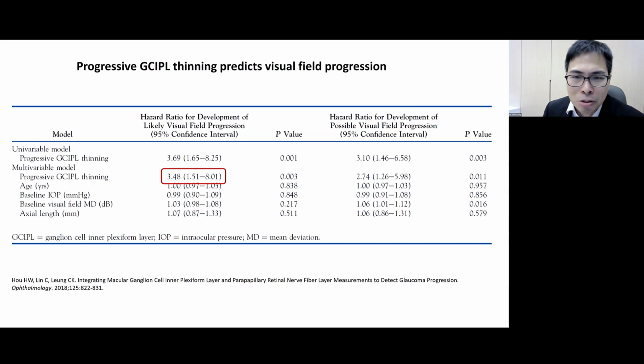But does it mean that we need to treat everyone with progressive retinal nerve fiber thinning? The question is similar to the one I'm asking here. Do you need to treat everyone with an intraocular pressure more than 21? The answer probably is no. You need to really understand the whole risk profile.